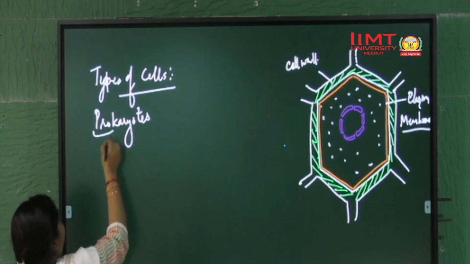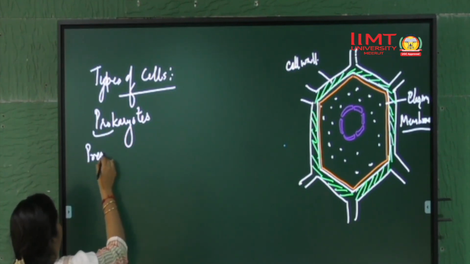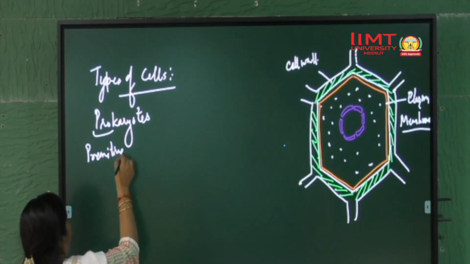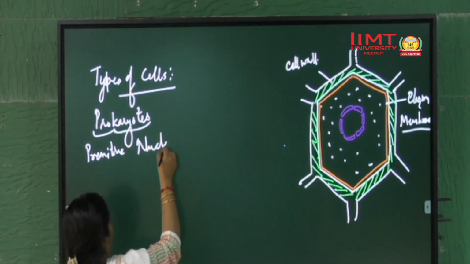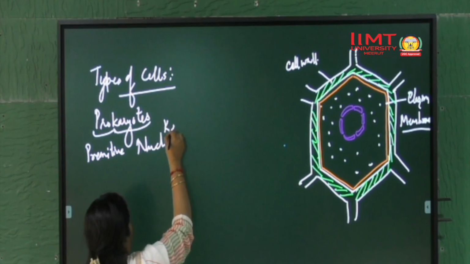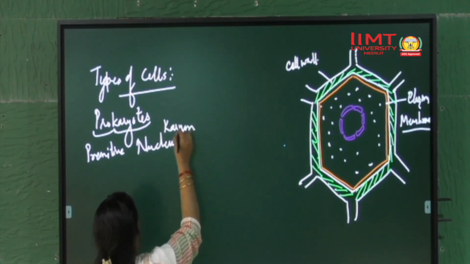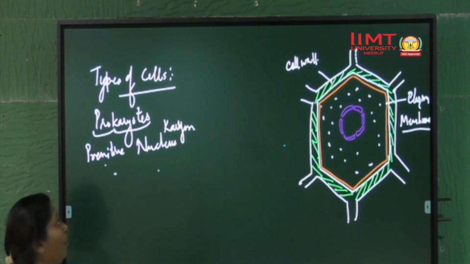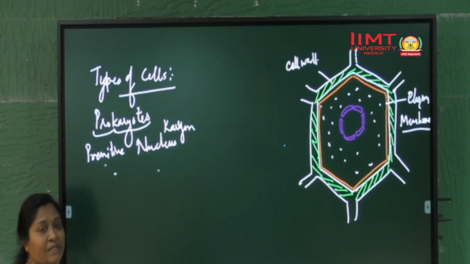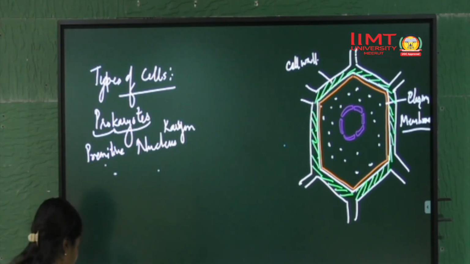Prokaryotes, pro means primitive, karyon means nucleus. Primitive nucleus bearing cells are called prokaryotes, and the organisms who bear prokaryotic cells are called prokaryotic organisms.